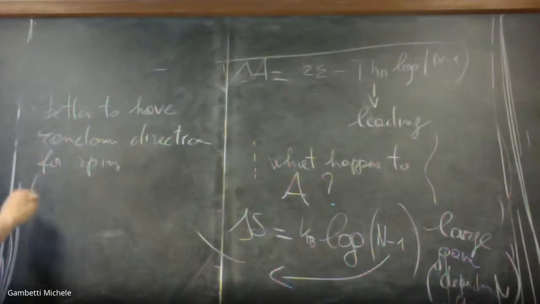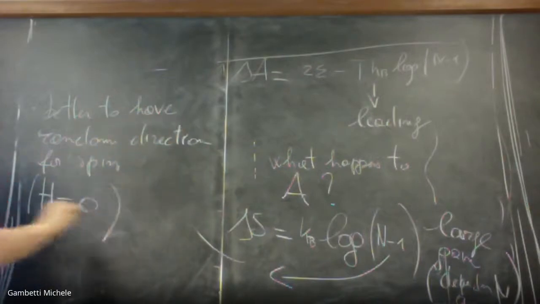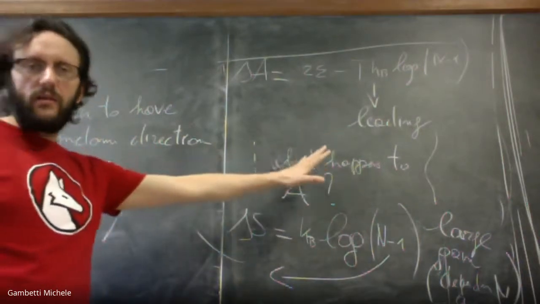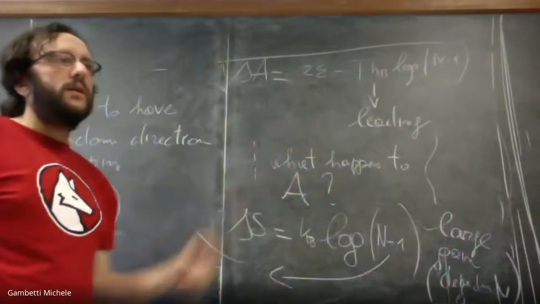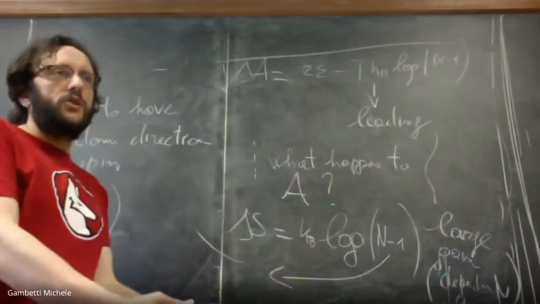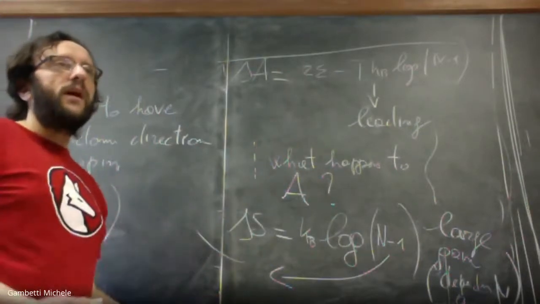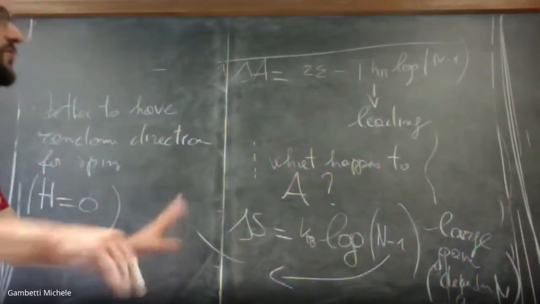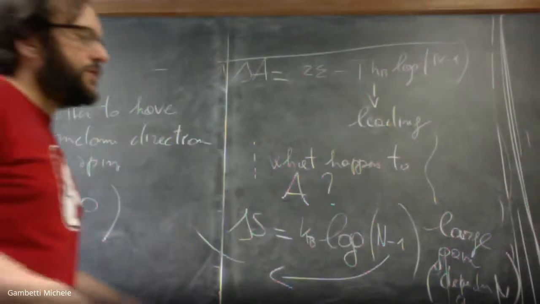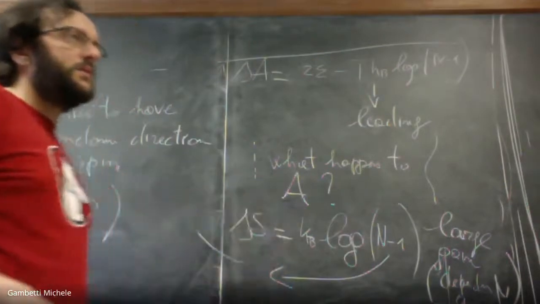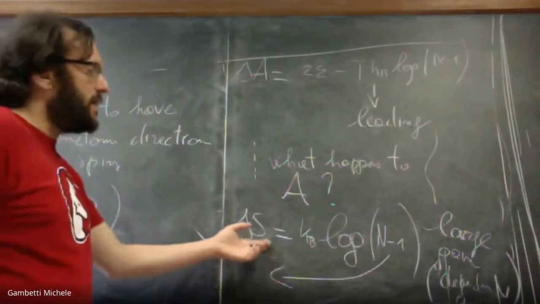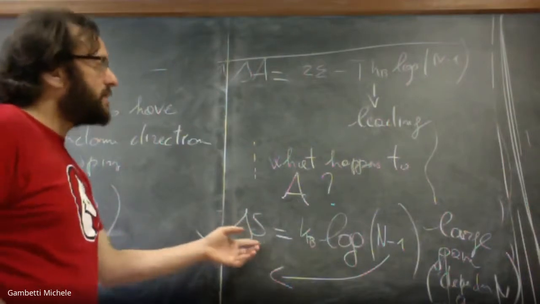Of course, this argument is for h equals 0. It does not hold for h finite. For h finite, we have seen already there is some degree of magnetization. But if I have the magnetic field switched off, then having a disordered configuration in which there is some misalignment between the spins is good, in the sense that they have a lot of gain in entropy regardless of the temperature.